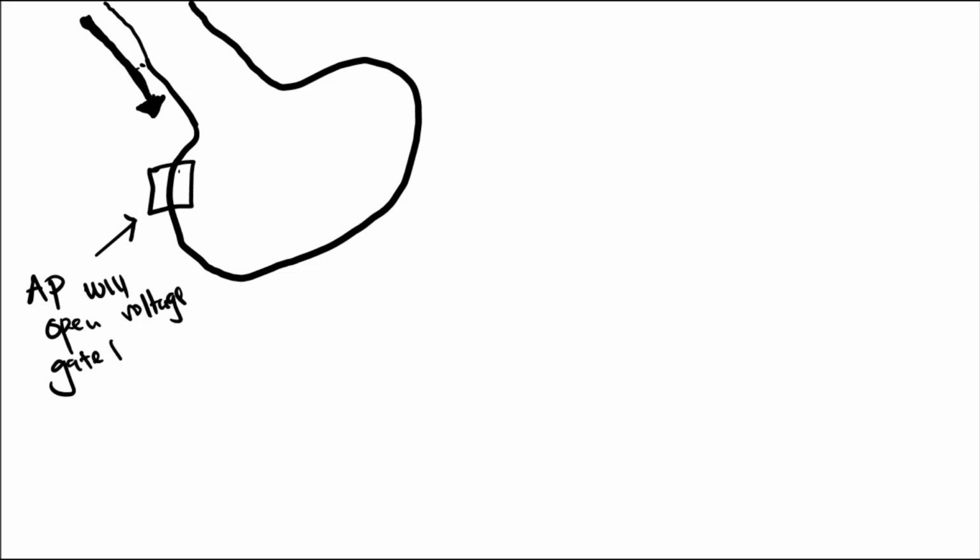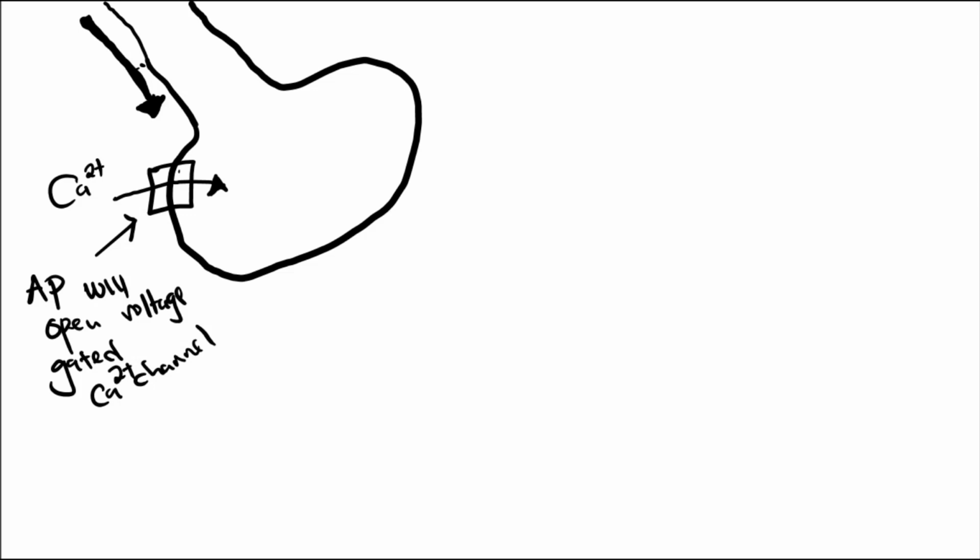When that action potential comes along the axon and reaches the axonal terminal here, it will open the voltage gated calcium channels. When it opens the voltage gated calcium channels, calcium is going to enter the axonal terminal from the outside.